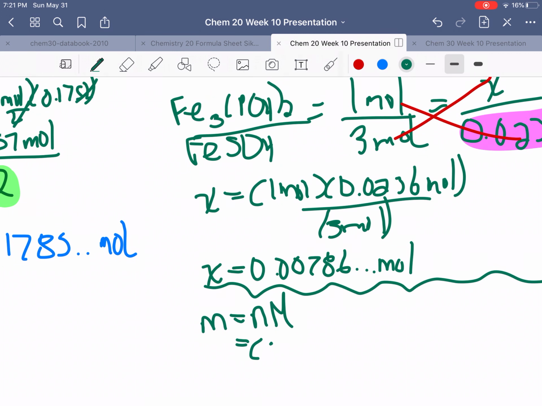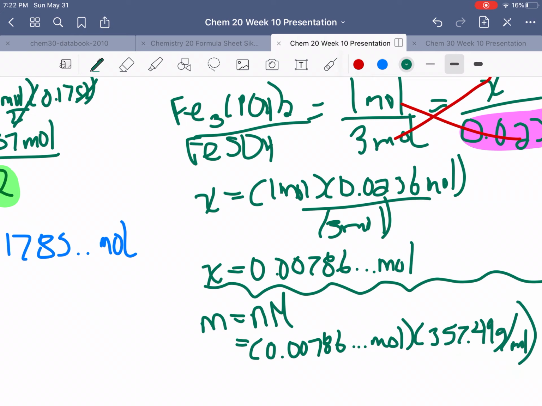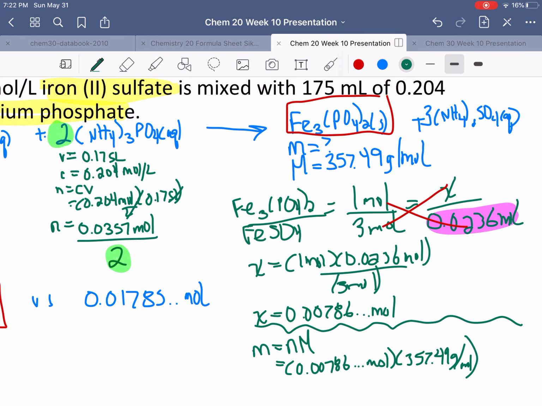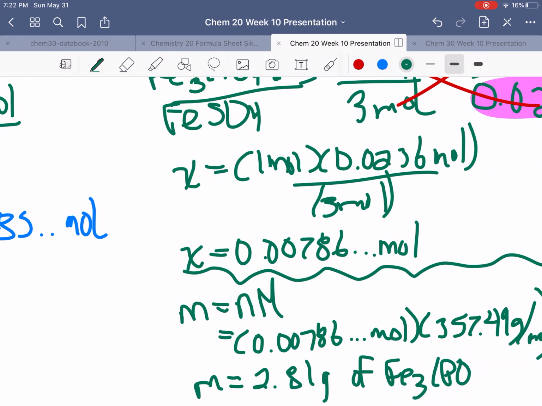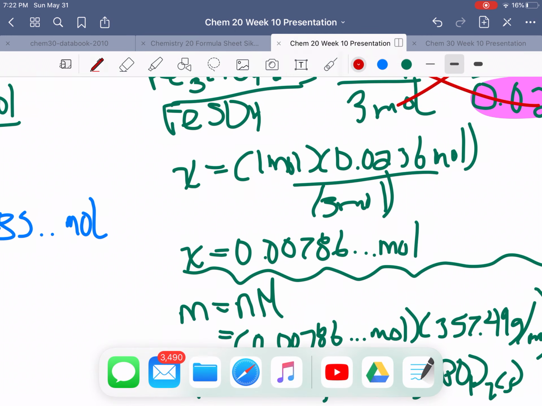That number I just got, 0.00786... moles, times the molar mass, 357.49 grams per mole. And away we go. 3 sig digs is dictated by the question. Mass equals 2.81 grams of Fe3(PO4)2 solid.